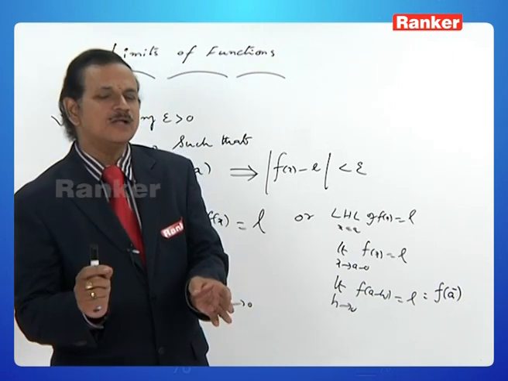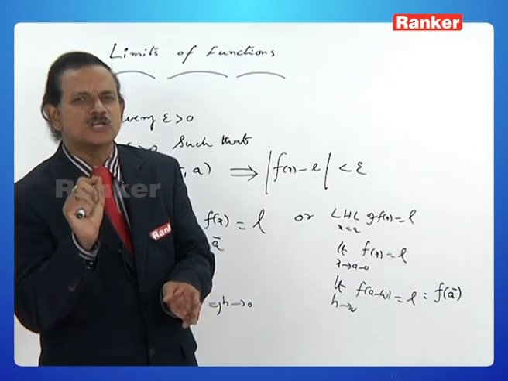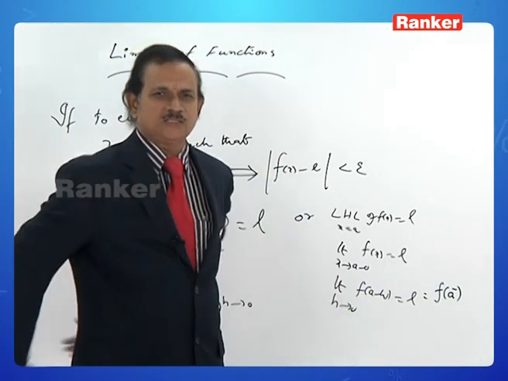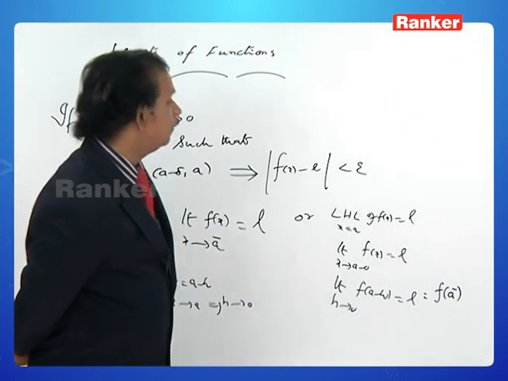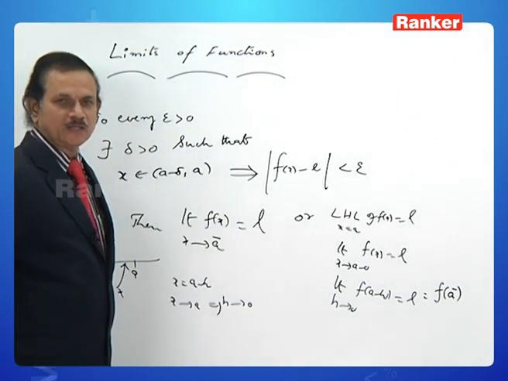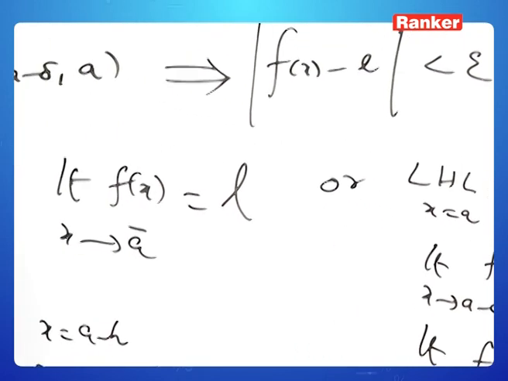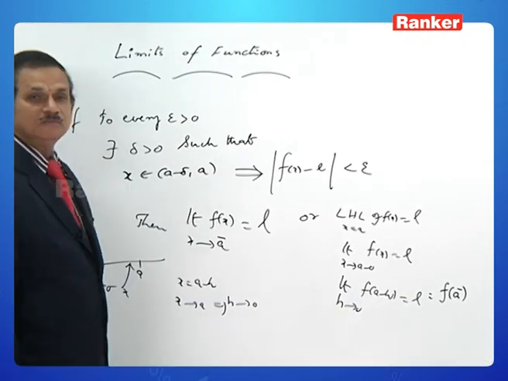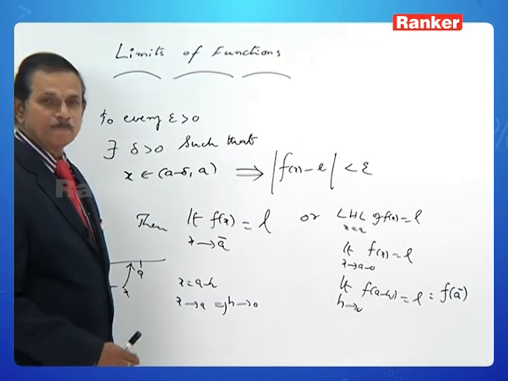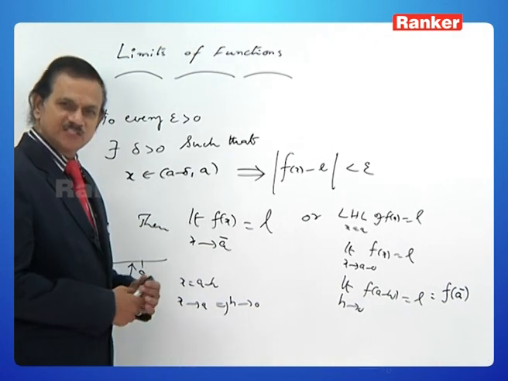How much less than? A very little quantity, say h. So x is of course a minus h. Well, this is the way of conceptual explanation of the left hand limit. Now, let us observe some more, very few modifications to this definition.